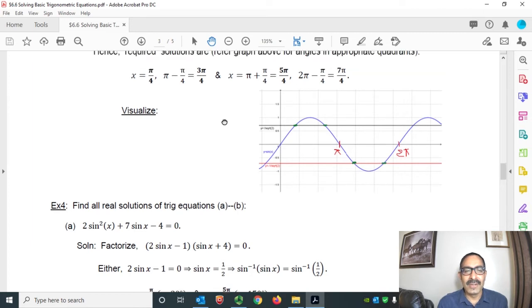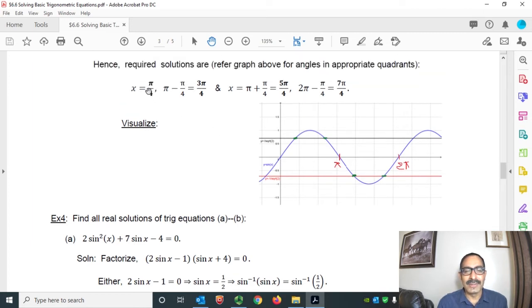So we have a total of 4 solutions here. This corresponds to pi fourth, this corresponds to 3 pi over 4, this corresponds to 5 pi over 4, and this corresponds to 7 pi over 4. I hope this makes sense to you all.